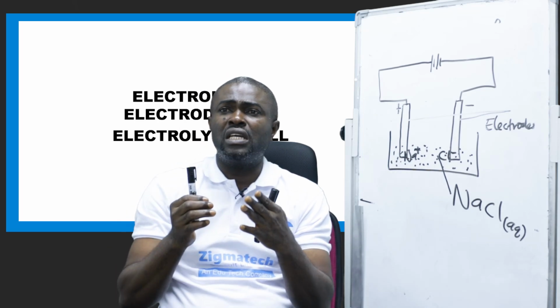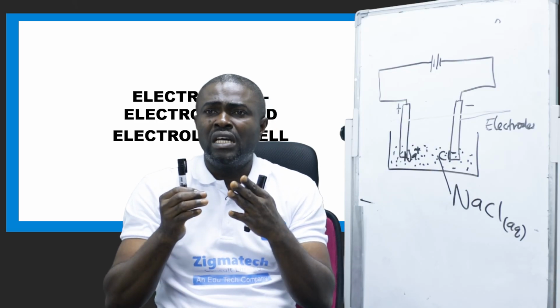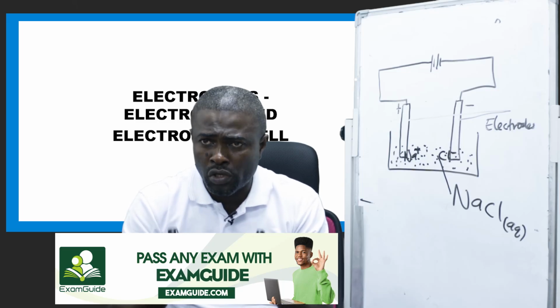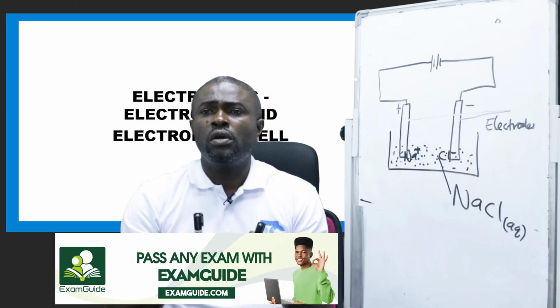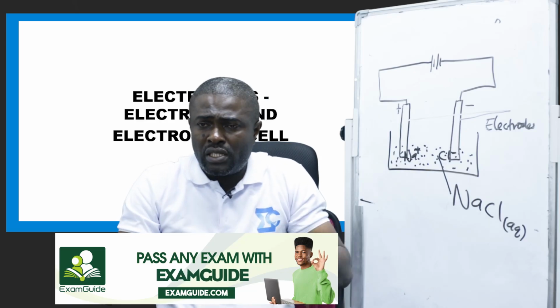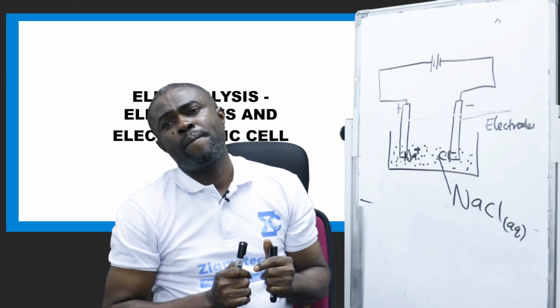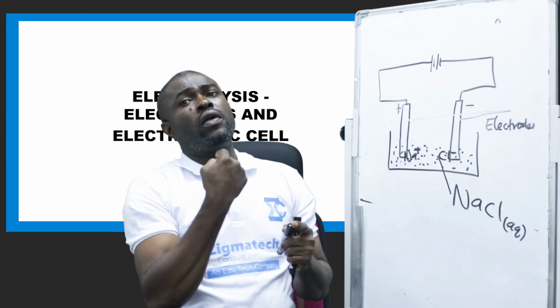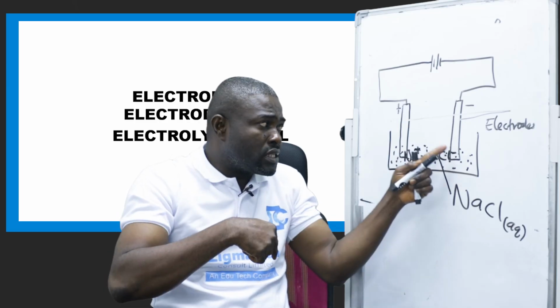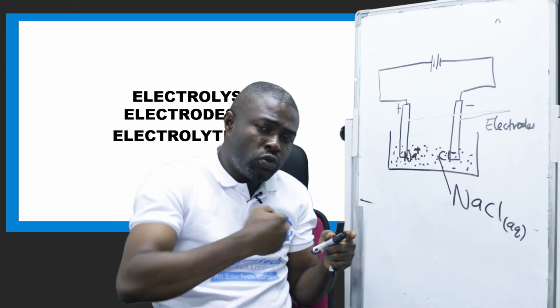What is the function of each of these rods? Current enters into the electrolytic cell through one of them, and current leaves from the electrolytic cell through the other.